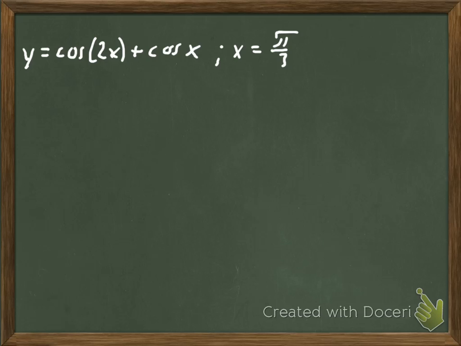Okay, so here's the function we're working with, and we're trying to find its tangent line at the point pi over 3. I'm going to go ahead and find out what f of pi over 3 is so we can find the point of tangency. Go ahead and plug in pi over 3 into this function.